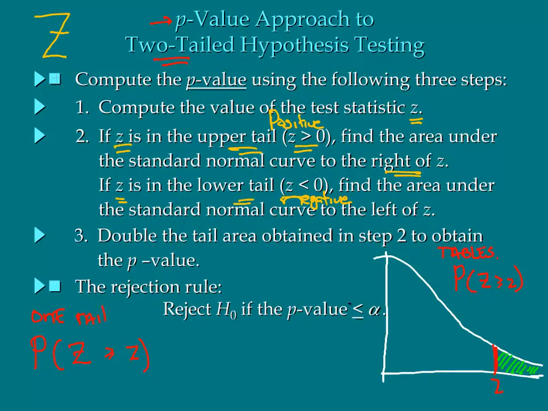Now, if it was the other side, you'd actually do the same thing. If you remember the symmetry rule, I should have room to draw it here. If you have a negative test statistic, you can just use the same approach.